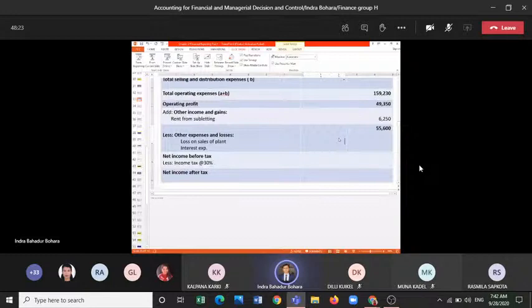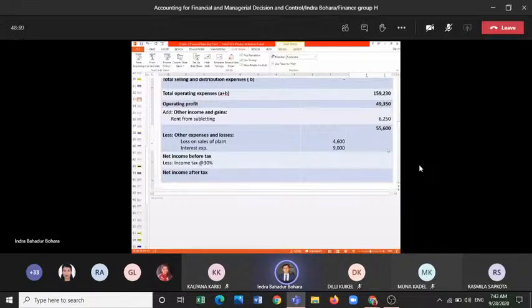Loss on sale of plant is 4,600 and interest expense 9,000. Total 13,600. We have already added the sum, therefore not necessary to write bracket because we have already written less other expenses.